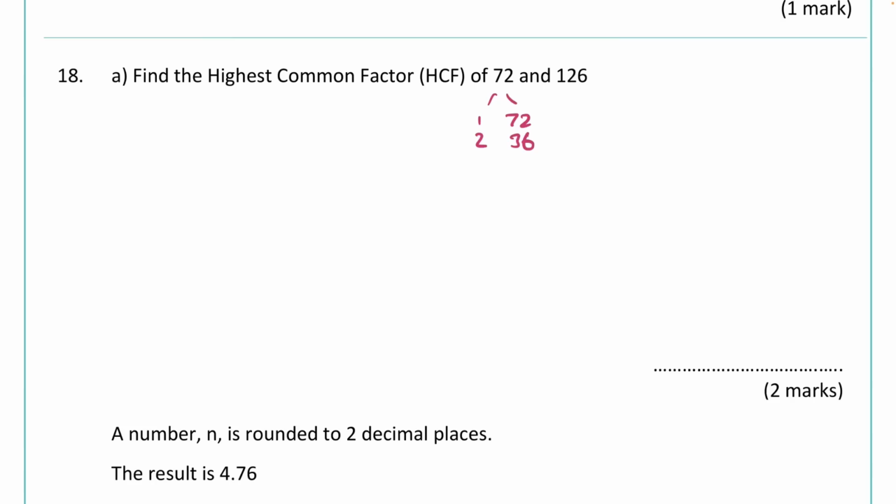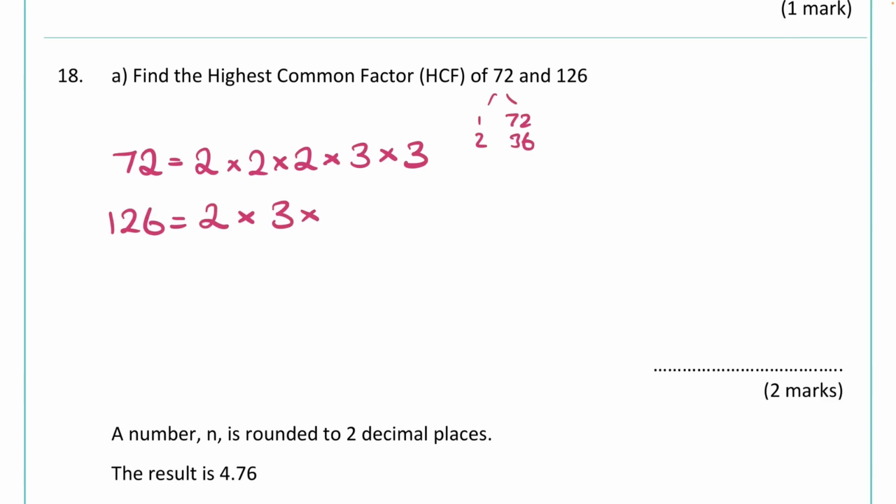And for me, if I type in 72, and I'll link a video in the description so you know how to use this button on your calculator, but 72 is equal to 2 cubed, or 2 times 2 times 2, times 3 times 3. 126, if I type that one in, that comes out as 2 times 3 times 3 times 7.